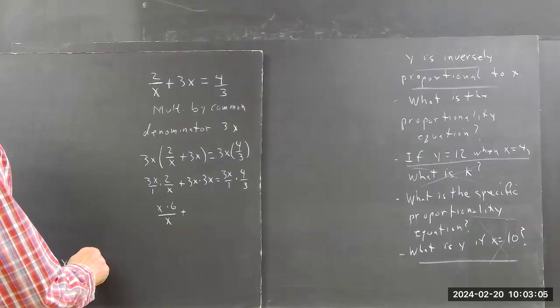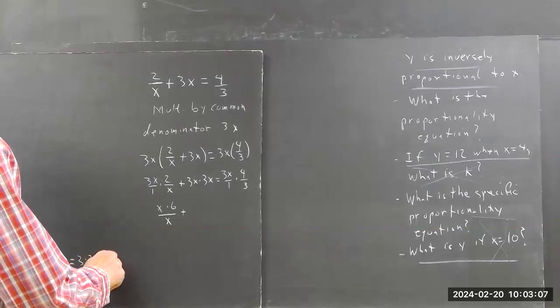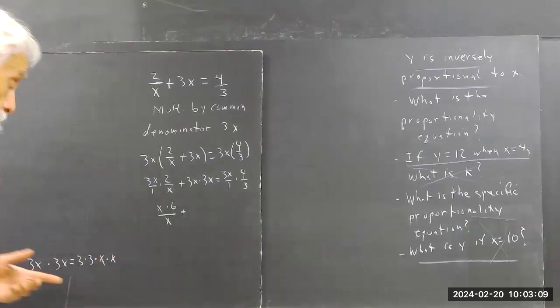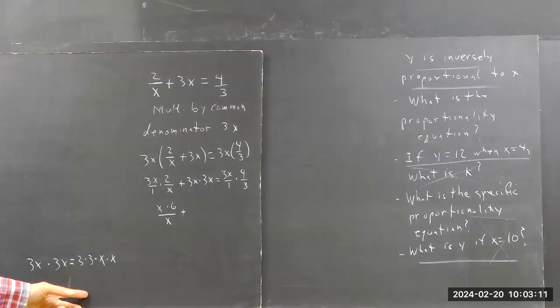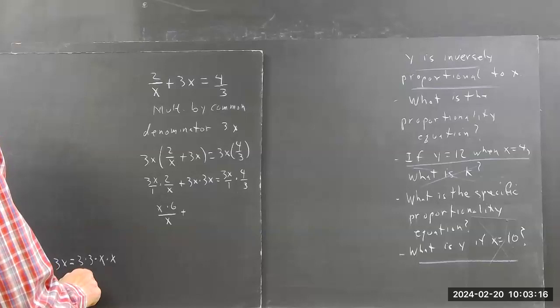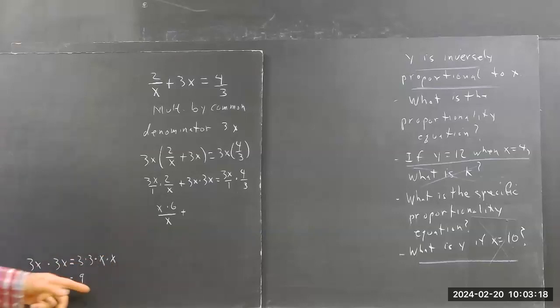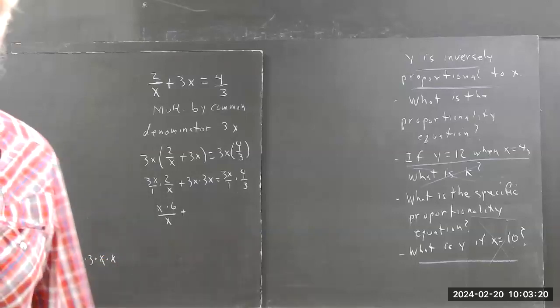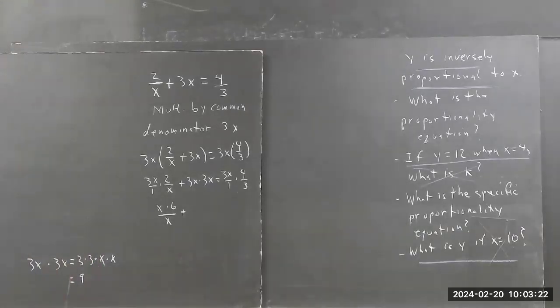It's 3 times 3 times x times x, right? And 3 times 3 is 9. Now finish it for me. What's x times x?